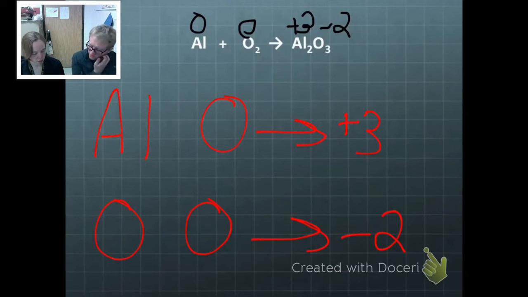I can look at the aluminum, and the oxidation number on the aluminum went up. That means the aluminum was oxidized, because up is oxidation; our vowels are paired. And the oxygen started at 0 and went down to -2, so it was reduced. Awesome.